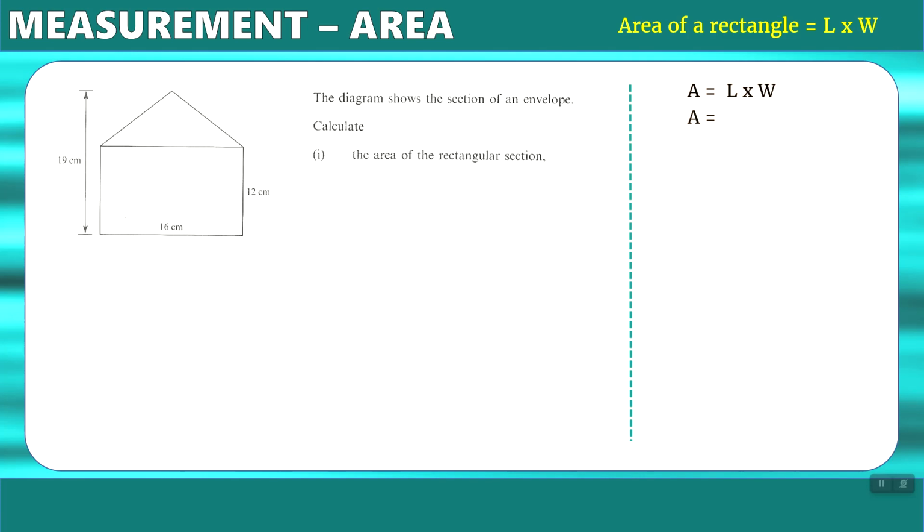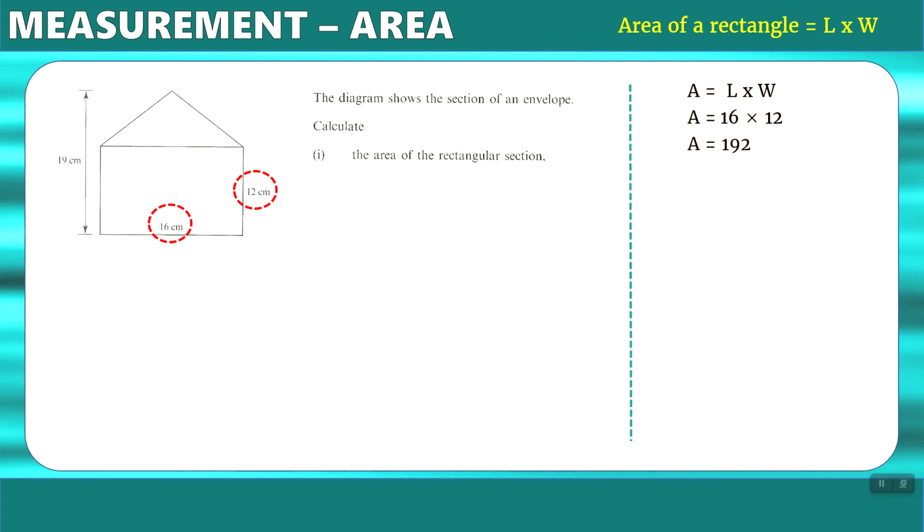If we look to the diagram, we can see the length, or the long side, is 16 centimeters. We will write that. And then we multiply that by the width, or the wide side, and we can see that that's 12 centimeters. And so when we multiply 16 by 12, we get 192.